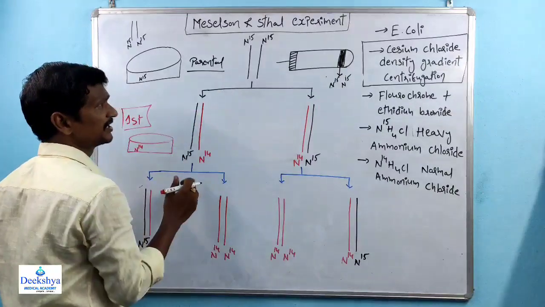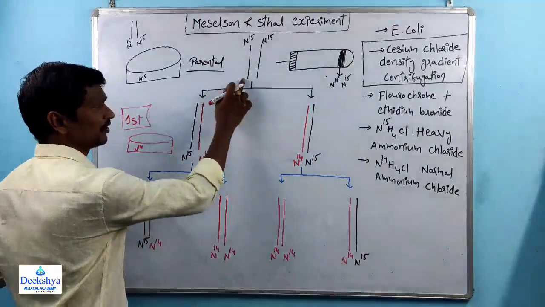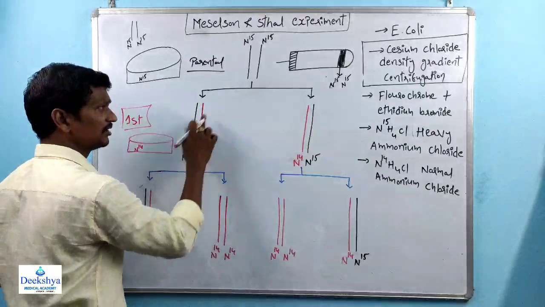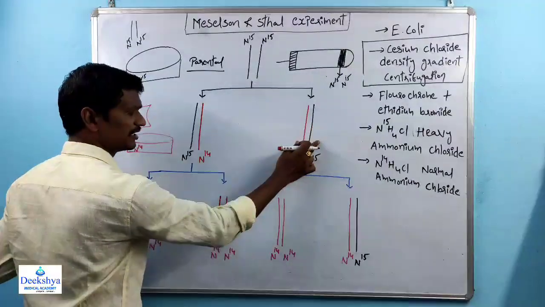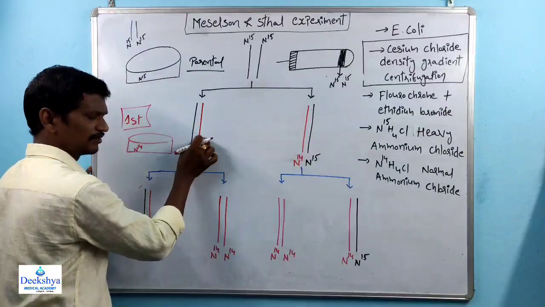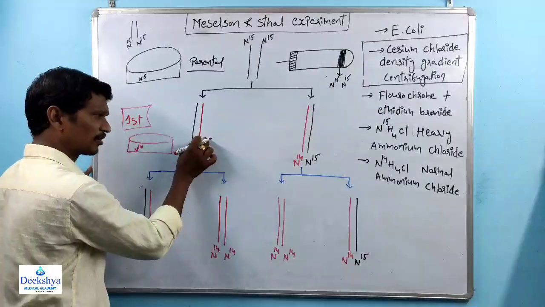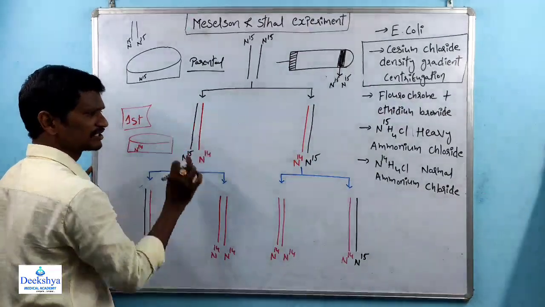According to the semi-conservative model, one strand enters into one daughter cell, and another strand enters into the other daughter cell. The other strand in each daughter cell is newly synthesized.